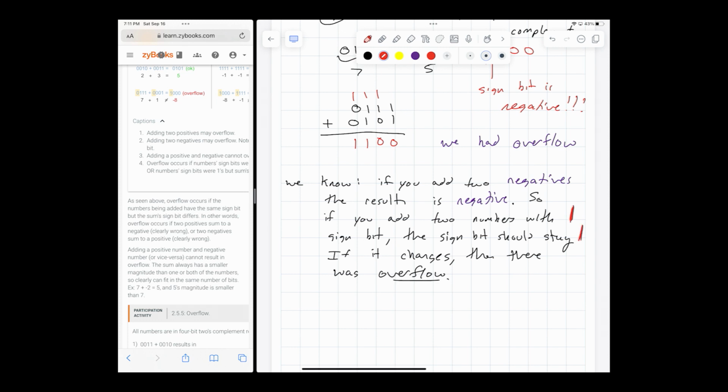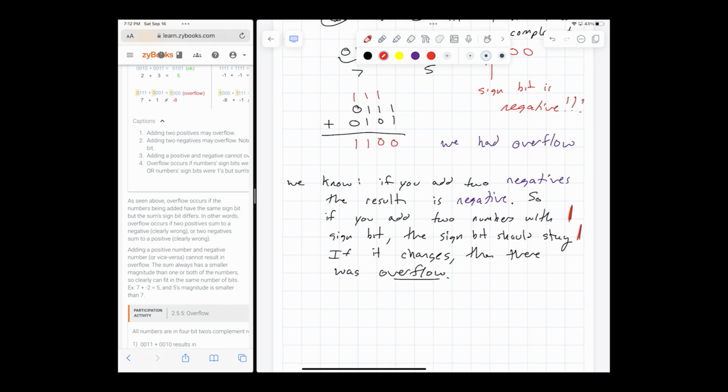And if it changes, then there was also overflow. So if you have two negative numbers that are too big or two positive numbers that are too big, then you can have overflow. You can't have overflow when you add a positive to a negative, though, because the magnitude gets smaller, right? Like 7 minus 5 would be 2, which is smaller than the other two numbers.